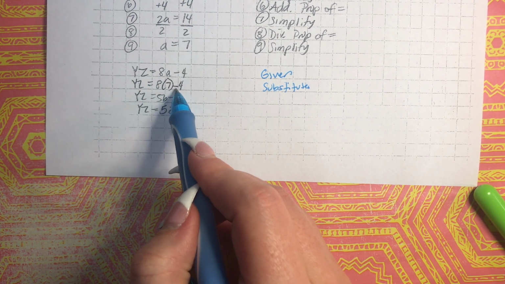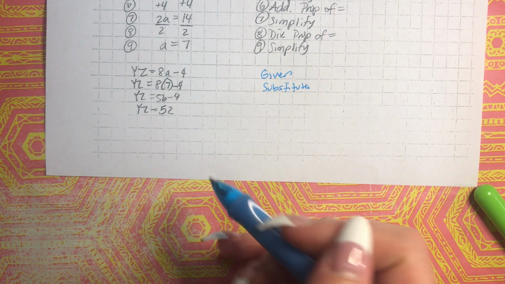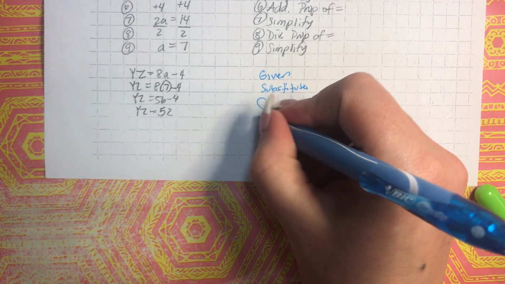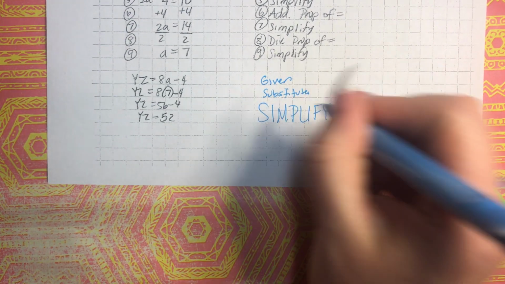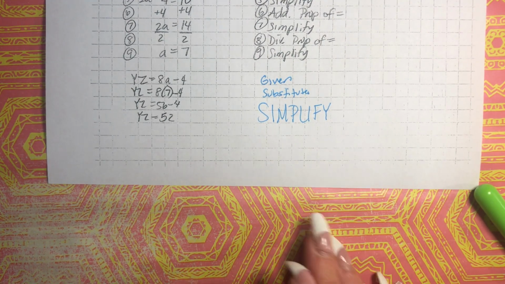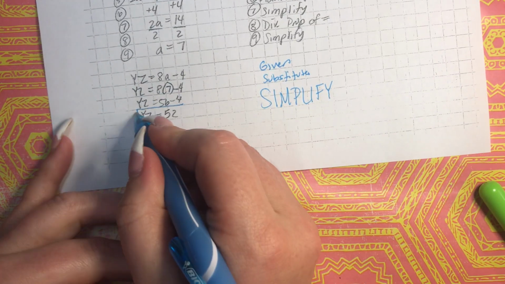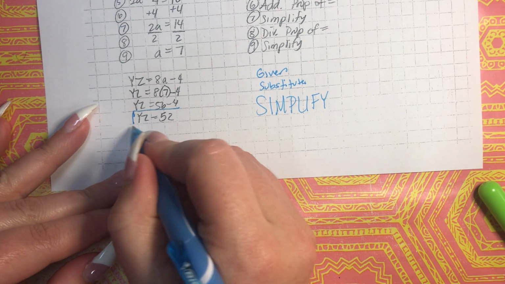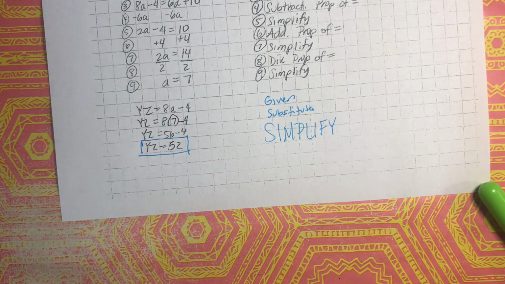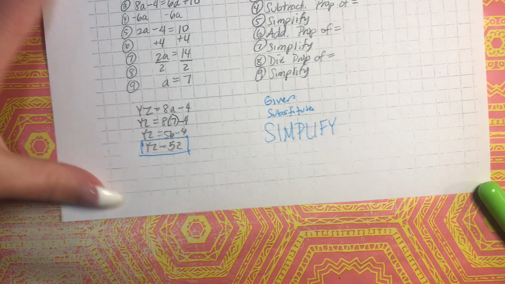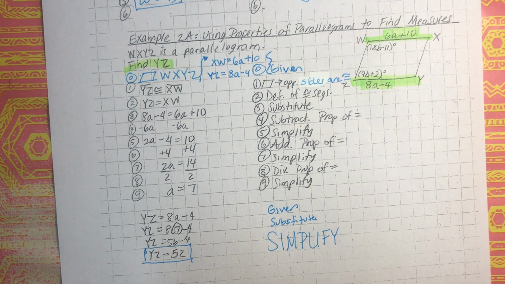We have 8 times 7 minus 4. 8 times 7 is 56 minus 4 is 52. And that is our answer. That's how we found YZ. Make sure you look back on your notes as you're doing your homework, because this process can be a guide. I hope that you guys are doing that on your notes.